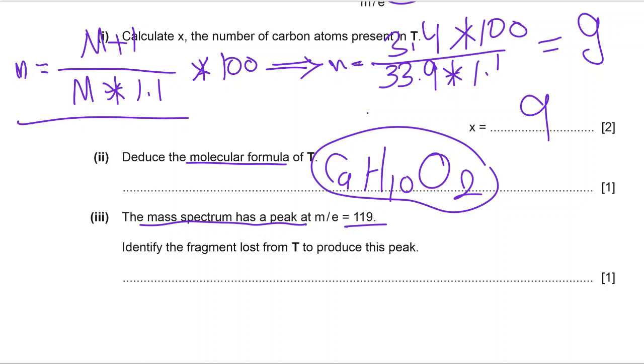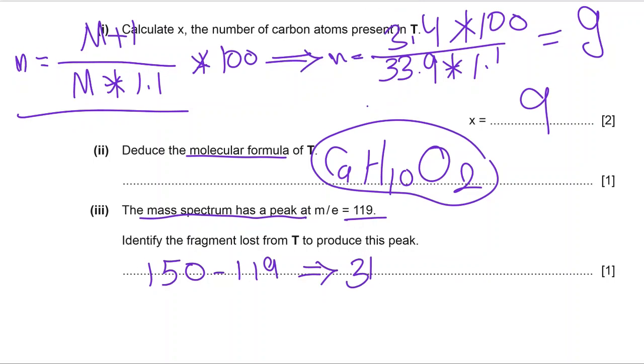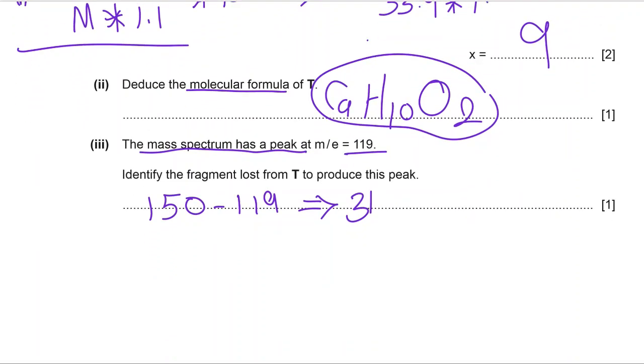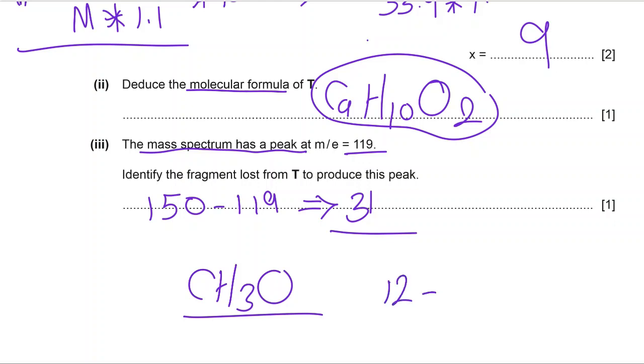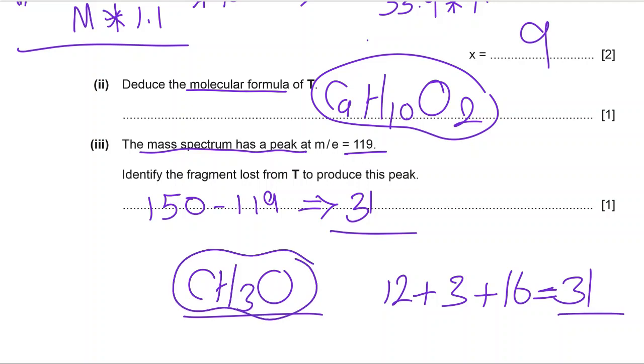To know the fragment, you say 150 minus 119, which gives you 31. 31 could be CH3O. Why? Because carbon 12 plus 3 hydrogens gives 15, plus 16, and this gives you 31. So your compound contains this group.